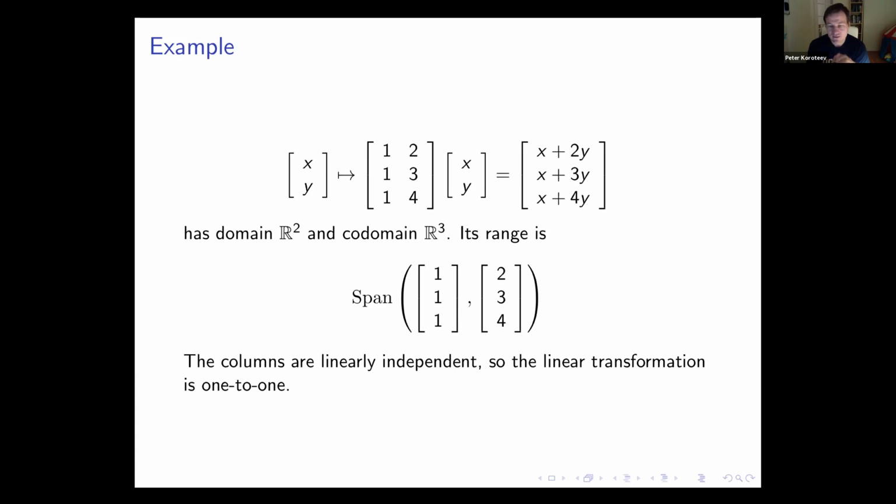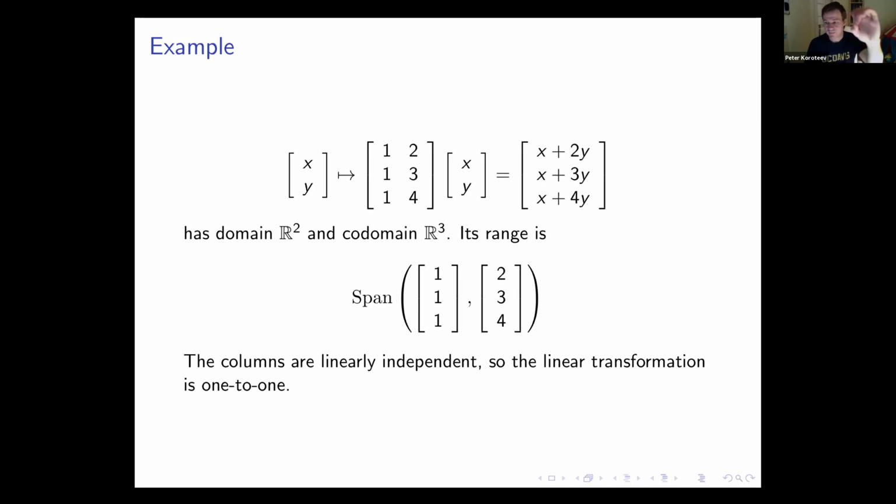Here clearly the columns are linearly independent, and this linear transformation is one-to-one. In particular, if (x, y) is a plane, and you map this plane into three-dimensional space, after applying this operation you'll get a two-dimensional plane inside R3, which of course is one-to-one.